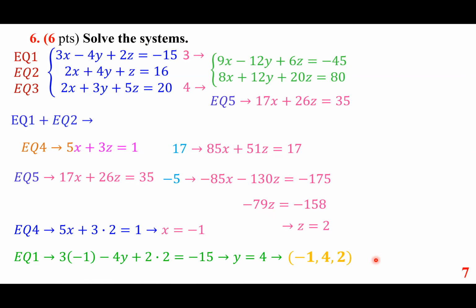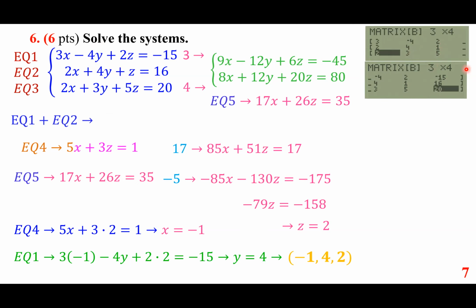Now, you can always use technology if need be to check your work. For example, I'm going to call this matrix B, and I'm going to put the augmented matrix 3, 2, 2. You see minus 4, 4, 3. See 2, 1, 5. I don't have room. And then you see the solution minus 15, 16, and 20.